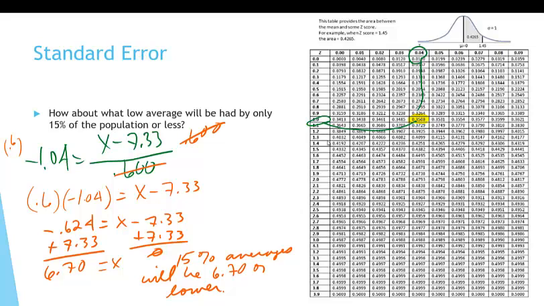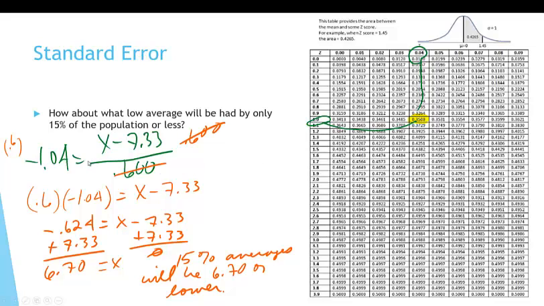Looking at this curve up here, if we drew a line right here at 15%, that means we have 35% between us and the mean. So what is the z-score that would put us where we had 35% between us and the mean, which would also tell us we had 15% below us? We can look at this simply by finding 0.350, the closest one to 35%, and we get a z-score of 1.04.